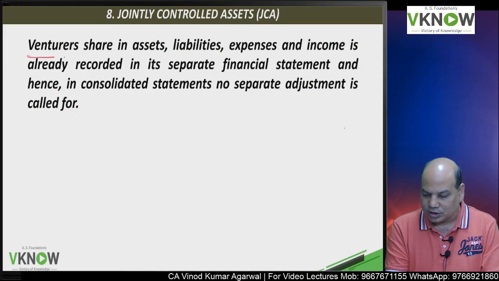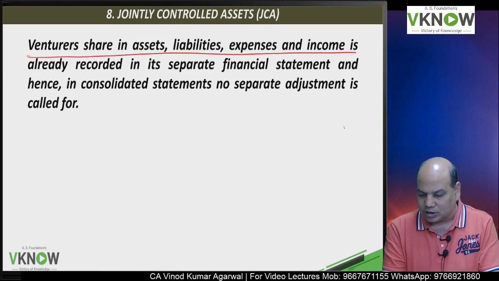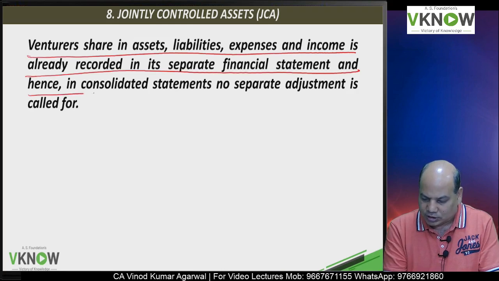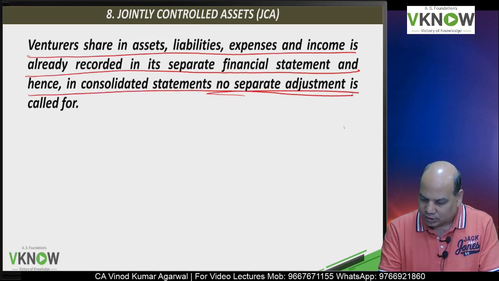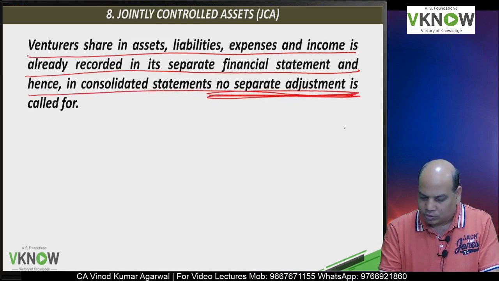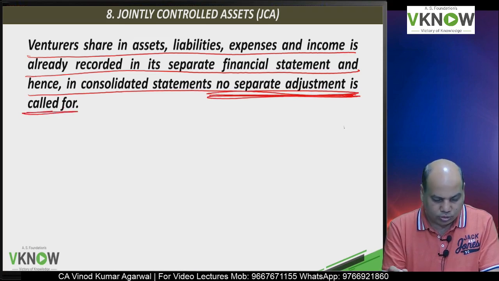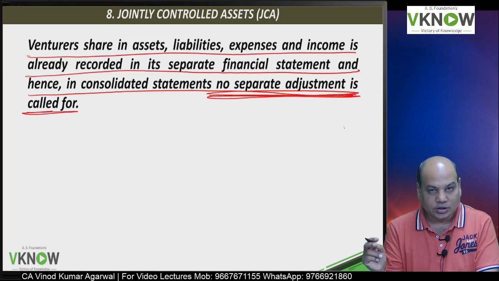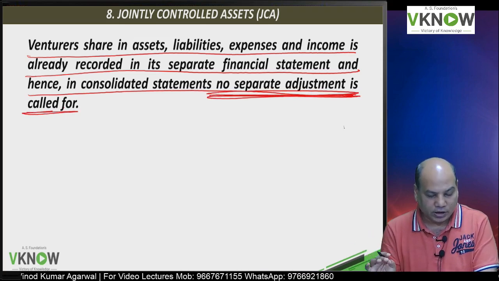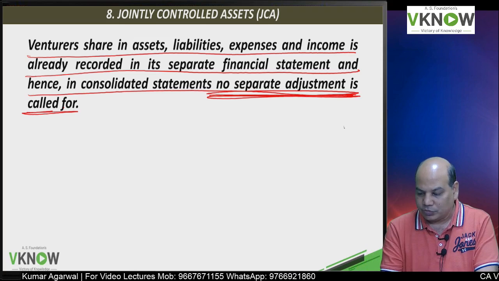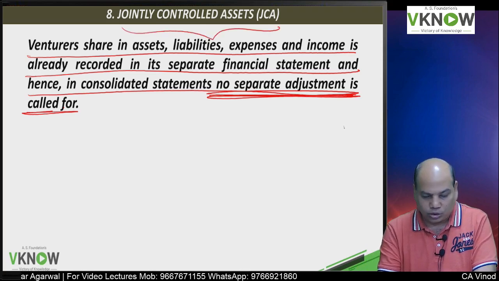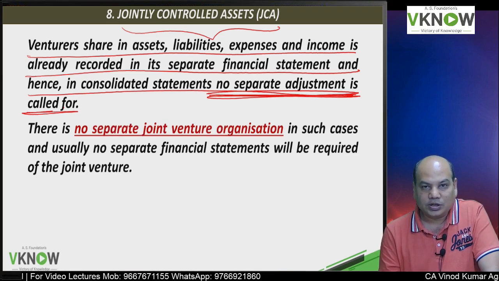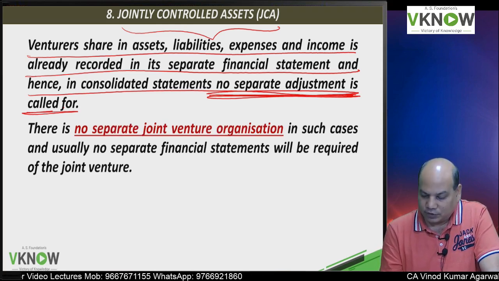The venturer's share in asset, liability, expense and income is already recorded in the separate financial statement. Hence in CFS, underline this, because that can be a question in the exam, whether I need to make any special or additional adjustment in the consolidated financial statement. The answer is, if it is a case of jointly controlled asset, we are not required to prepare any additional or special entry in CFS.